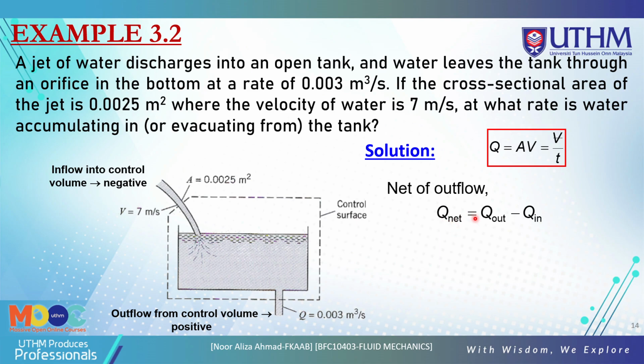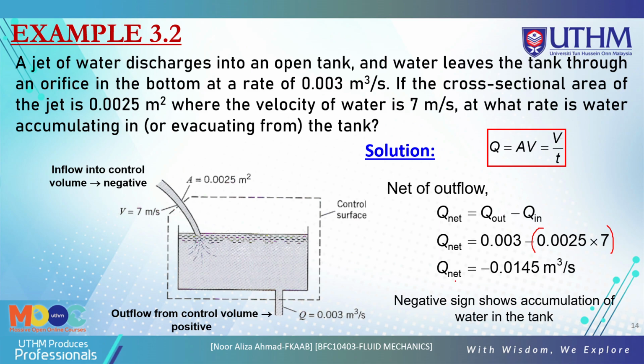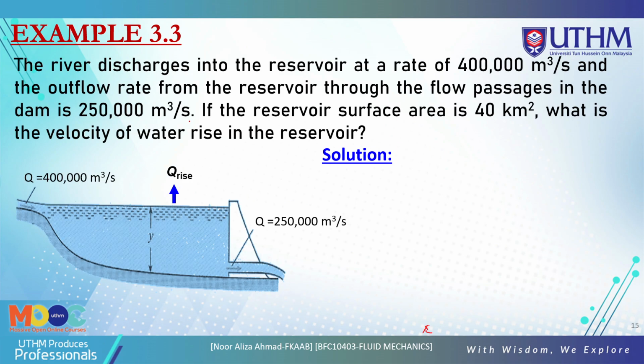Q net is equal to Q out minus Q in, so we get 0.003 minus 0.0025 times 7, because velocity times area gives the Q in. So Q net has a negative sign, which shows accumulating of water in the tank. So this is the solution. Now we look at example 3.3.